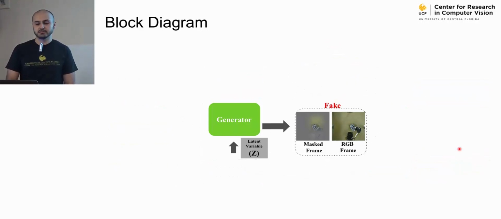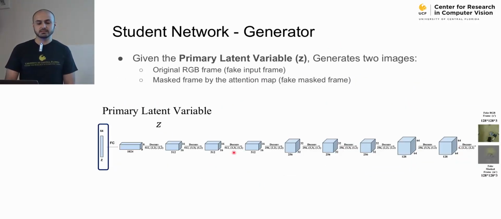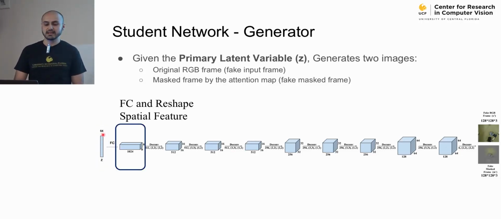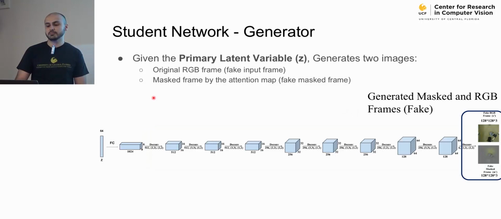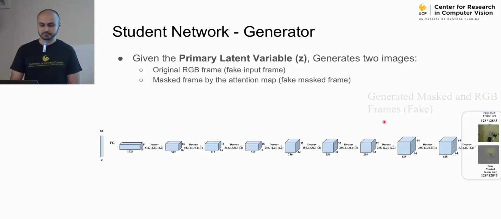Then we have a generator. The generator takes the primary latent variable Z as its input. It has a fully connected and reshape layer to make the Z a spatial feature. And then we have 9 layers of deconvolutions, and finally we get a generated mask and RGB frame, and we call them the fake examples.